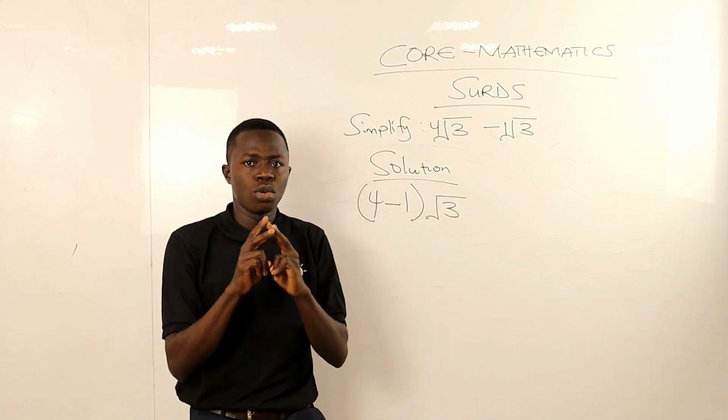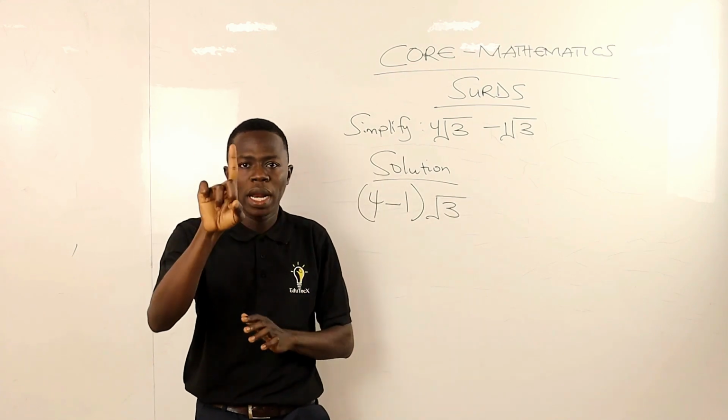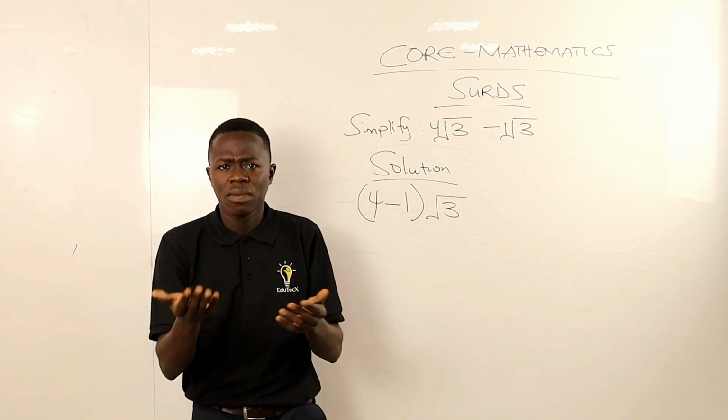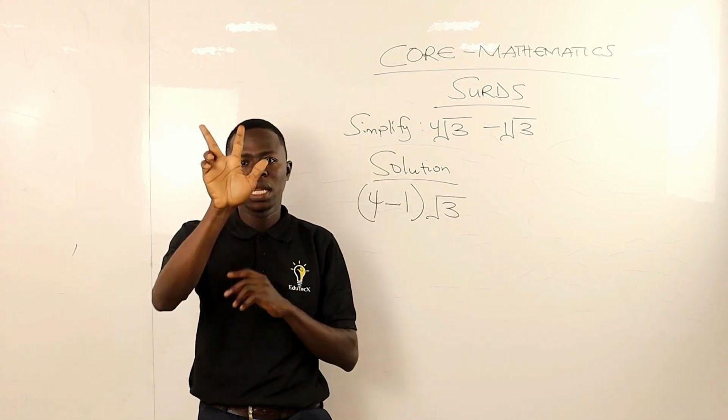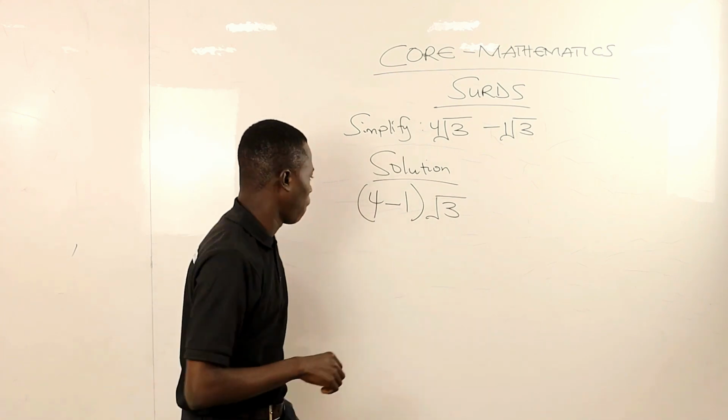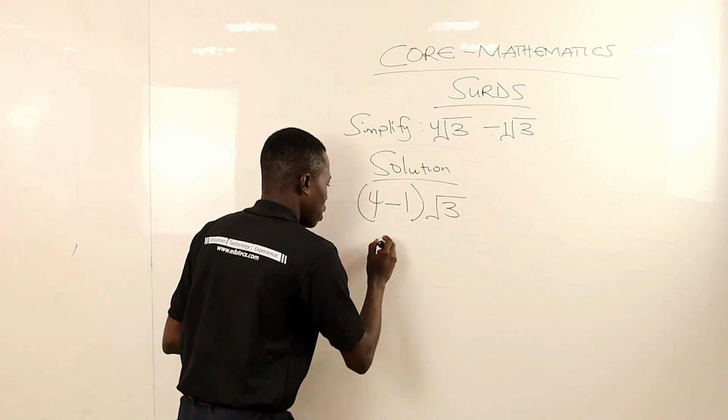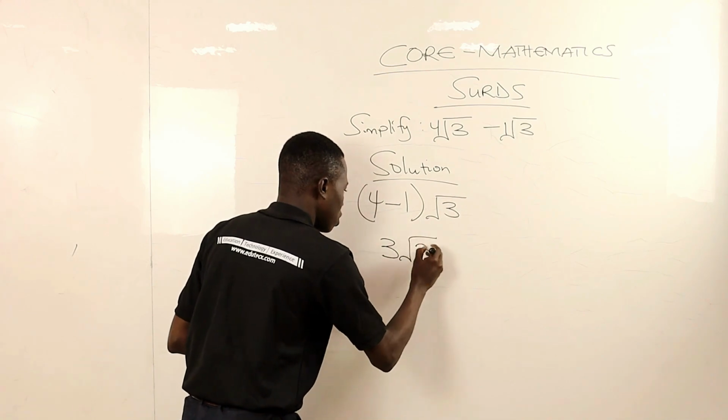So now we can subtract. We are going to have 4 minus 1, and the answer will be 3. So our answer is going to be 3 square root of 3.